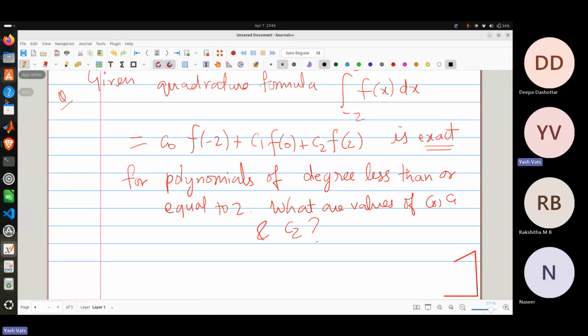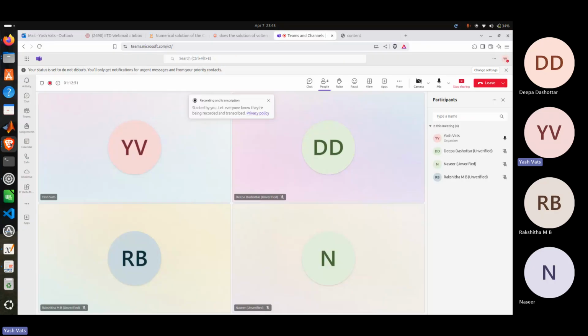So similar types of questions will be asked in your exam, so just prepare accordingly. I want to let you know that we have an extra tutorial session on 10th of April. I think you have got the notification: 10th of April from 6 p.m. to 8 p.m., this Thursday. Just attend that, and after that there will be a last session next week on Monday, same time.